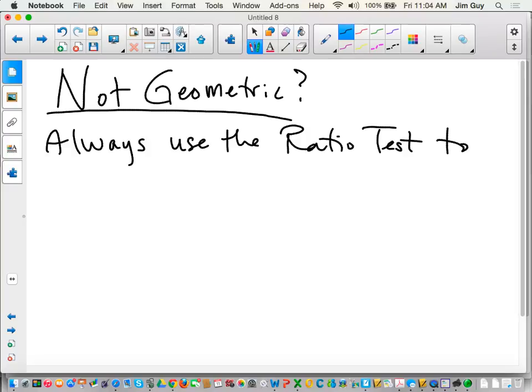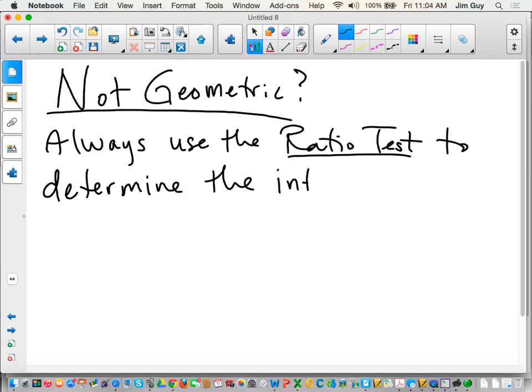We haven't got to the hard stuff yet, so don't moan. That's good news. It's not like you have to try different things. If it says find the interval of convergence, you look at it. If it's geometric, bam. If it's not, we're going to use the ratio test.